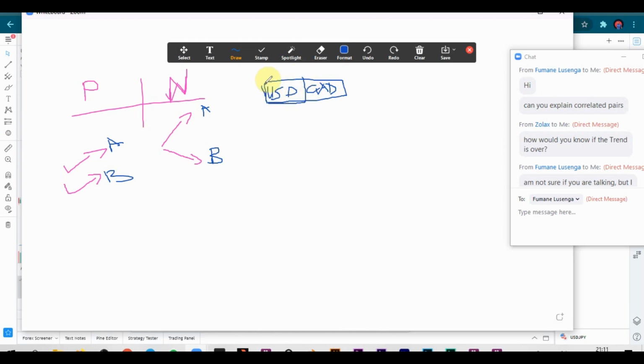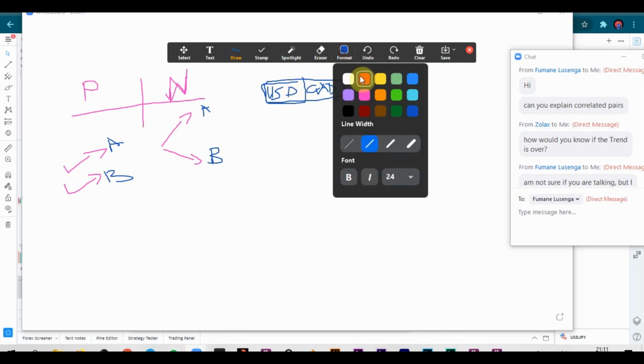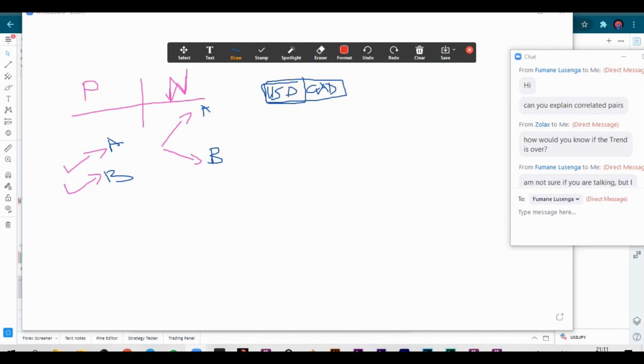For an example, here we'll be focusing on USD: all the pairs which are made of USD, or which have the USD as a part of the pair, né? And then you check their entire direction. Let's say you open USD CAD, USD JPY, USD CHF, AUD, GBPUSD, and then you analyze their trend in the same time frame, né?